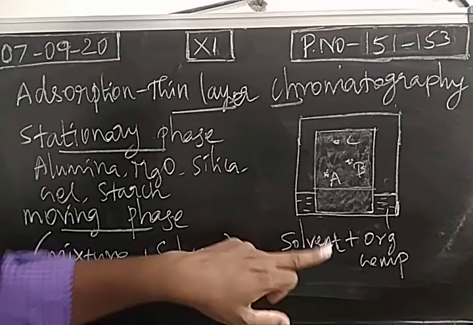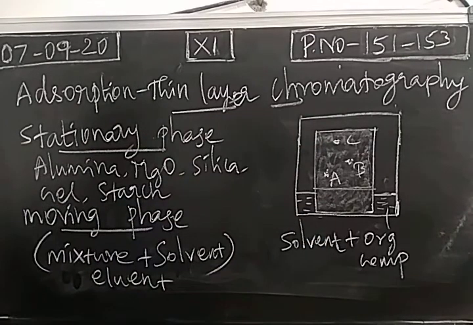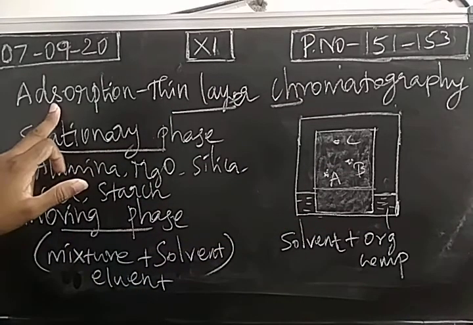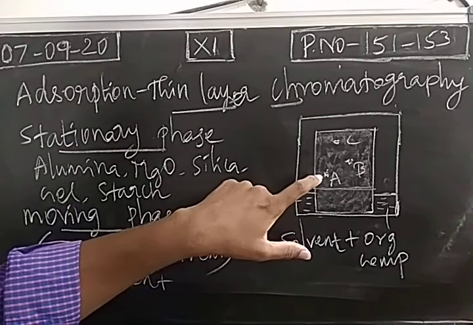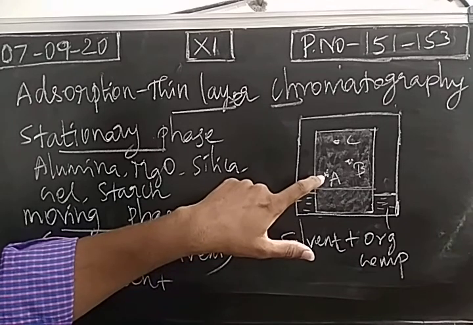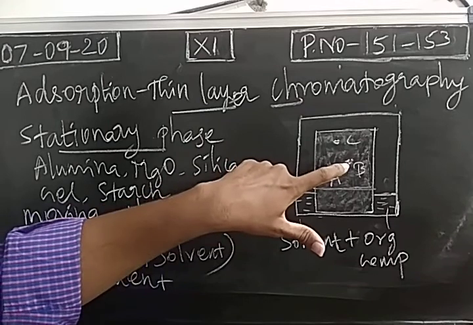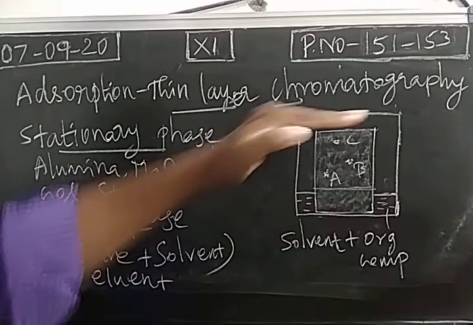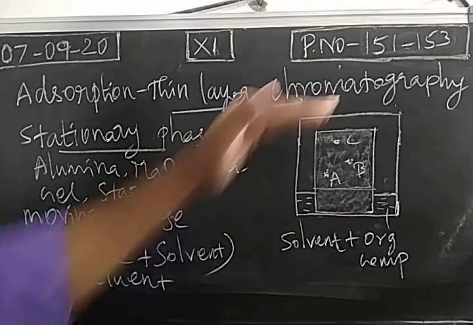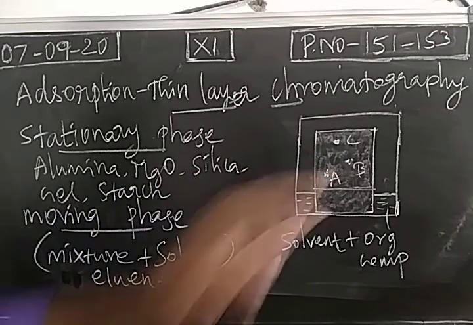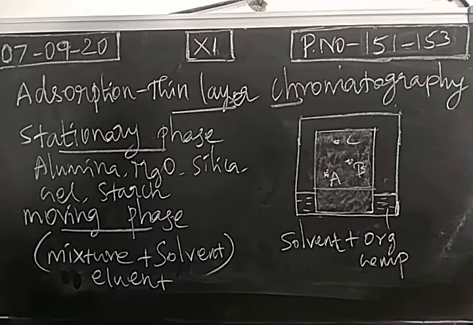So the solvent will rise to a particular level and each component will rise to a particular level based on adsorption. Component A adsorbed readily, so that it is here. Comparing component A, component B having lesser adsorption, so that it moved somewhat more distance. Component C is having very less adsorption, so that it continuously moves in the upward direction.